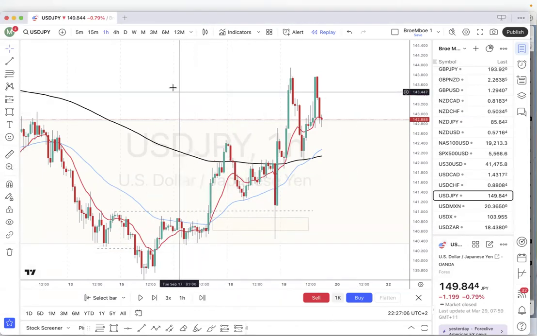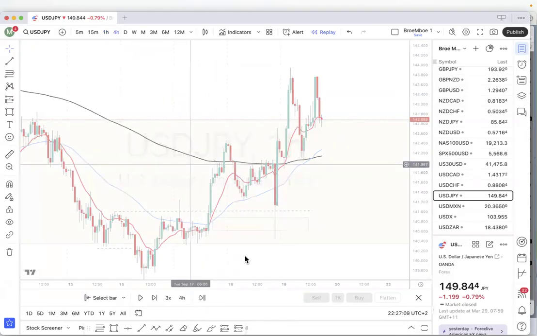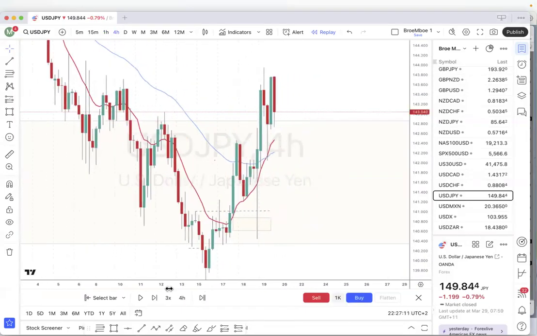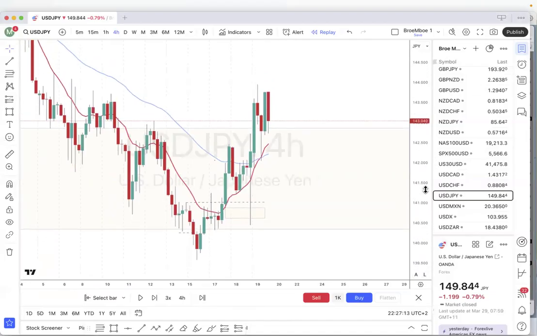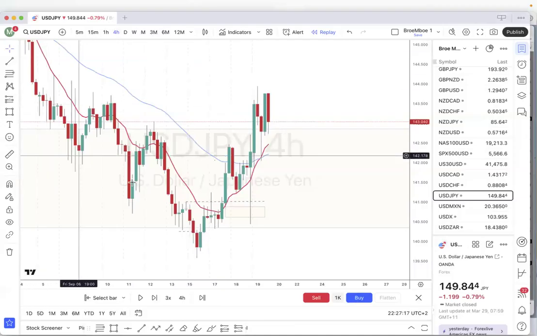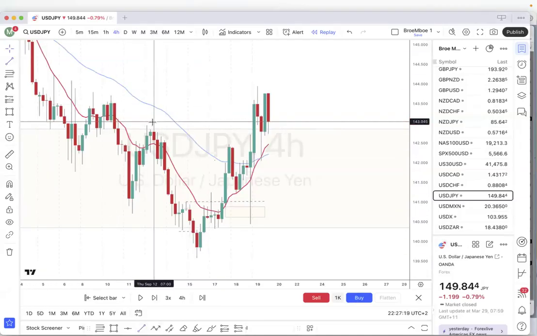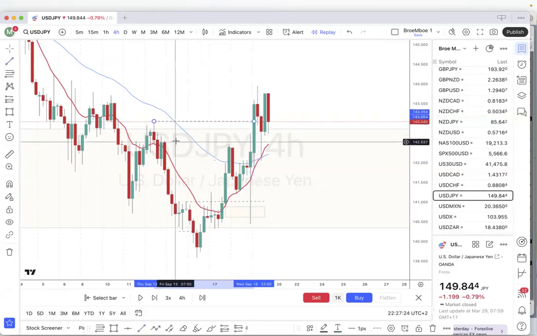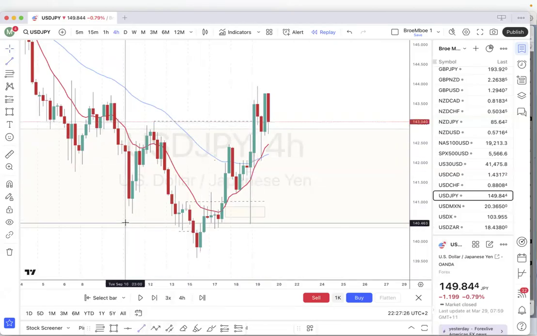We've confirmed that. If we switch to the 4 hour, the last high on the 4 hour is this one. The last confirmed high because it broke that low.